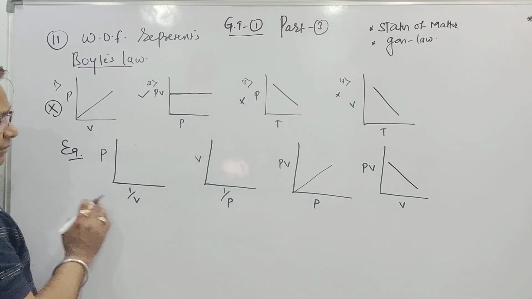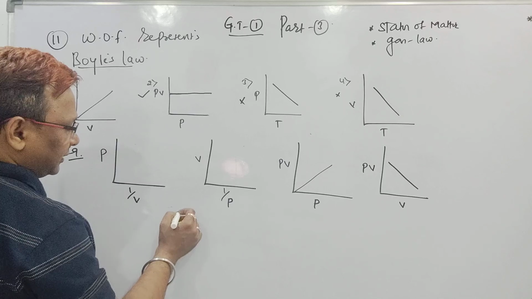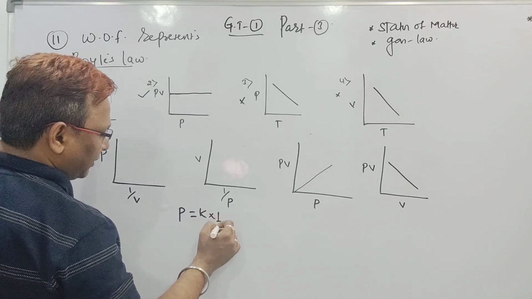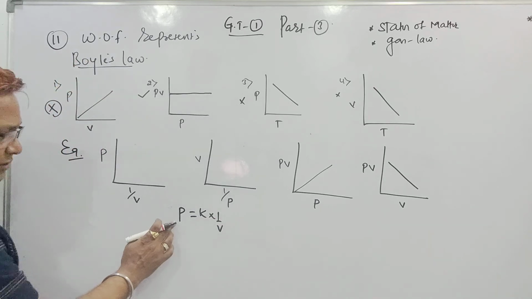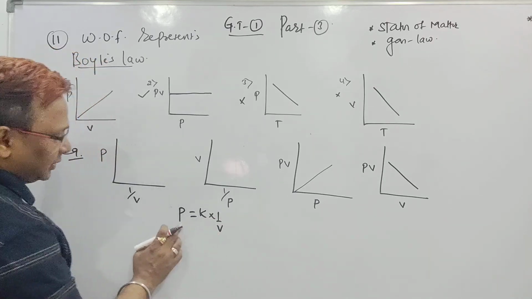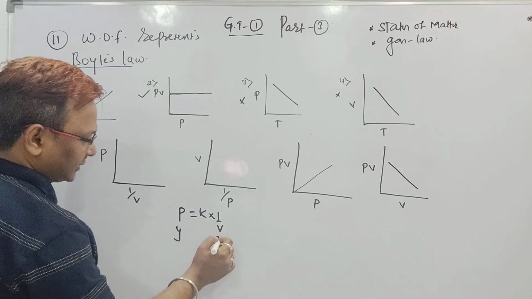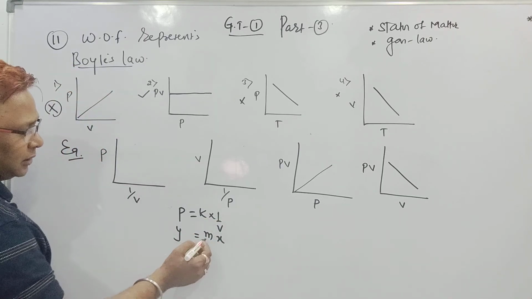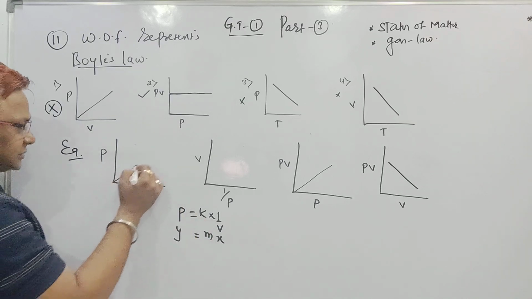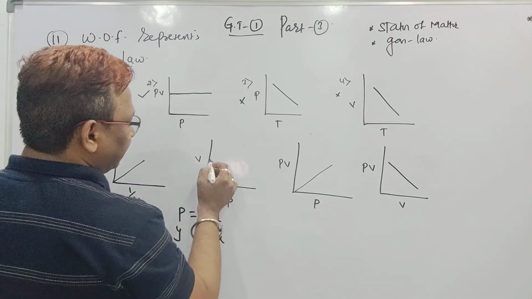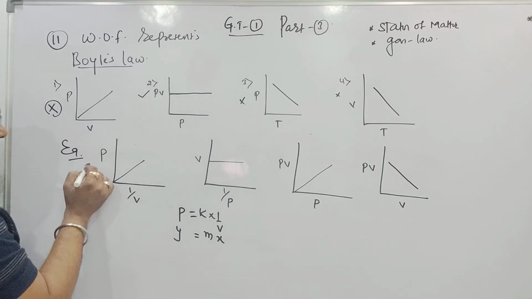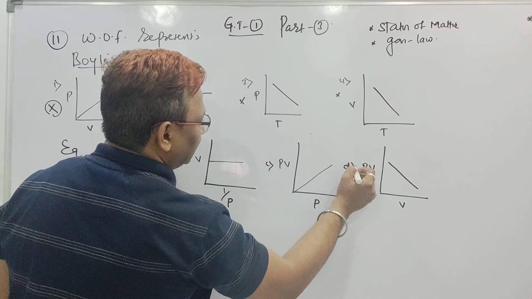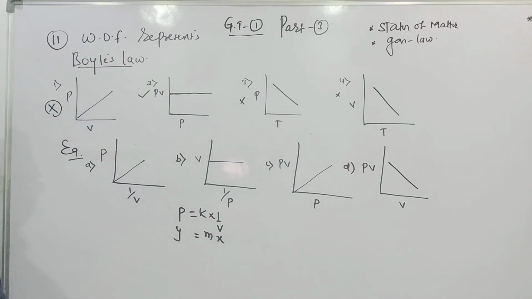Here, P against 1 by V and V against 1 by P. I think you remember P is equal to K into 1 by V, because pressure is inversely proportional to volume. P is on the y-axis, 1 by V is on the x-axis. K is the slope and the intercept is 0. Positive slope passing through the origin. So among options A, B, C and D, which is the correct graph for Boyle's law?